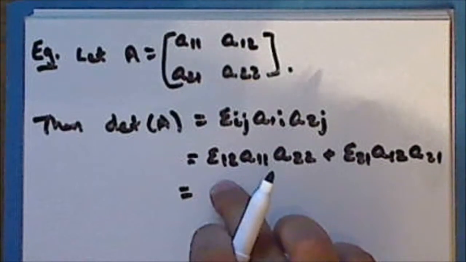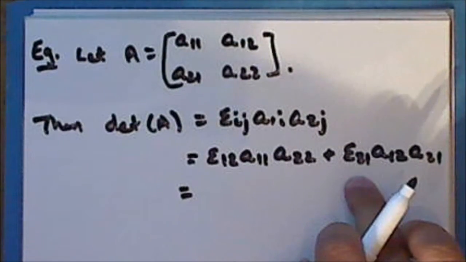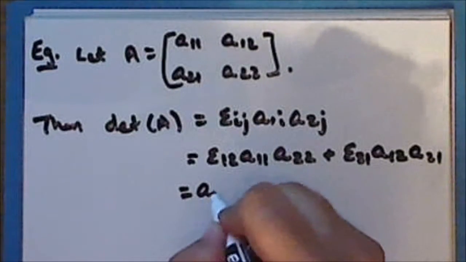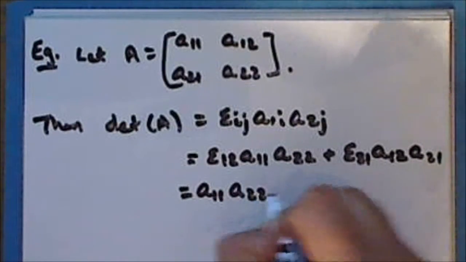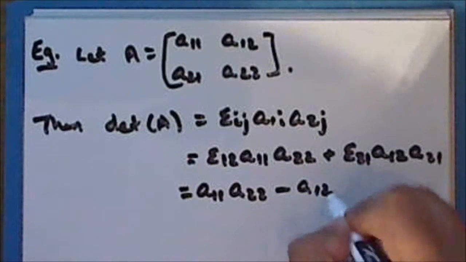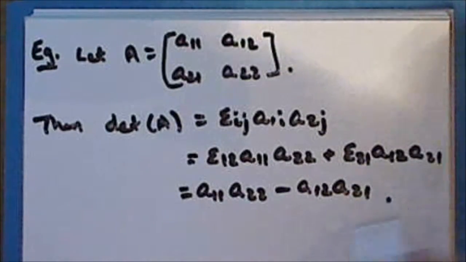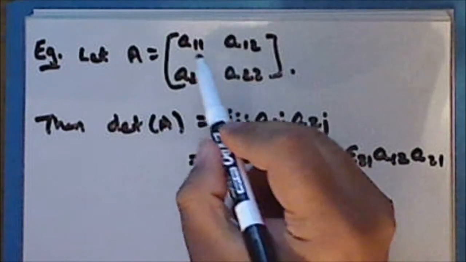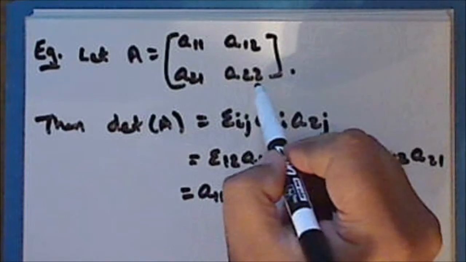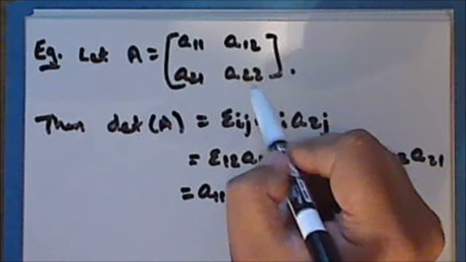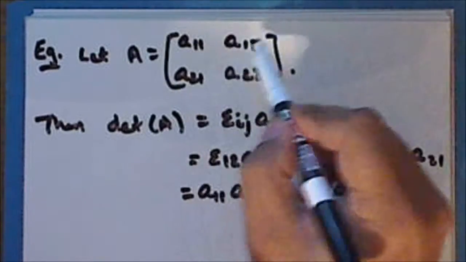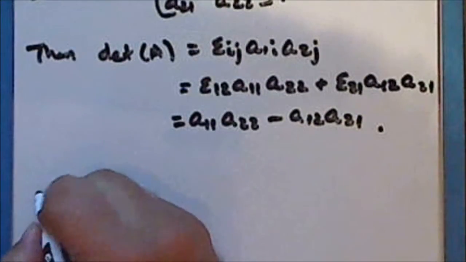The permutation 1, 2 is even, while the permutation 2, 1 is odd, and so this is a sub 1, 1 times a sub 2, 2 minus a sub 1, 2 times a sub 2, 1. Notice that this is the product of the entries on the main diagonal minus the product of the entries on the anti-diagonal.